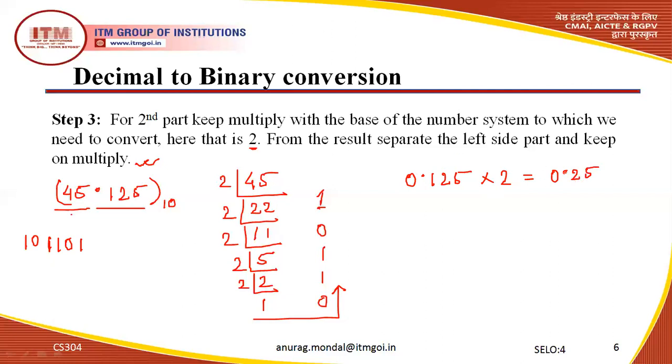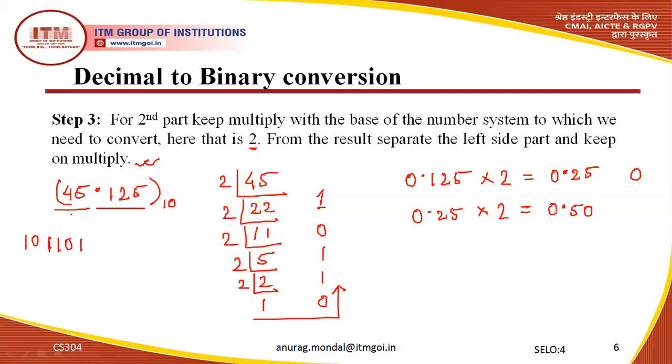Left part means the left part from the decimal point. What we have? 0. So keep 0 here. Now what we have? 0.25. Now again multiply with 2. We have 0.50.